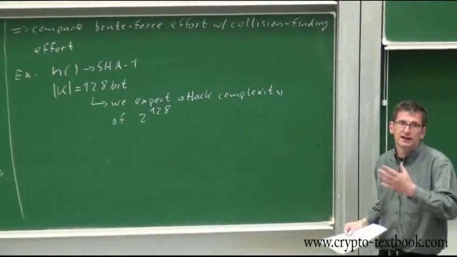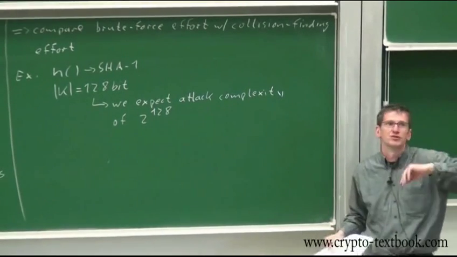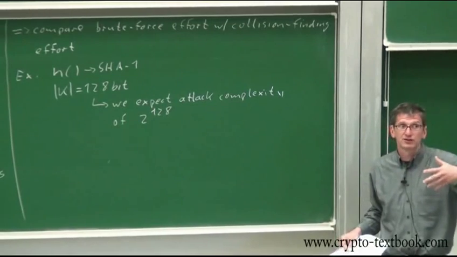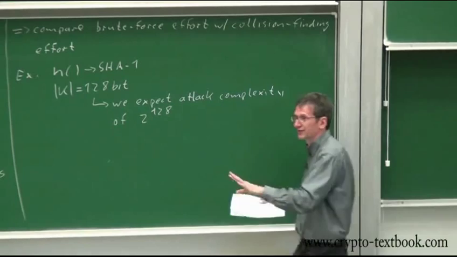Meaning an attacker, Oscar, has to run 2 to the 128 steps, which is the lifetime of the universe or something. 2 to the 128 is a really big number for pretty much everything you do in life or computers do.